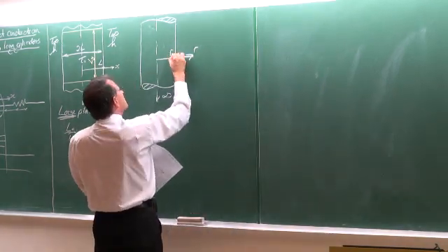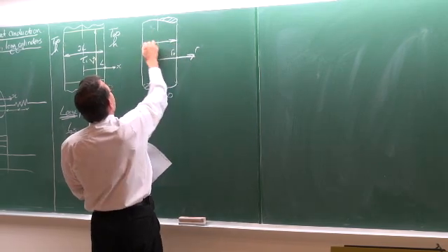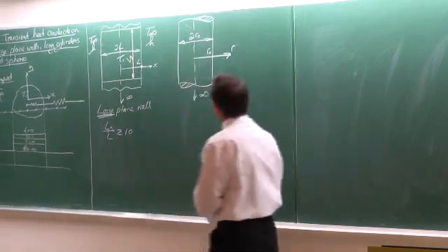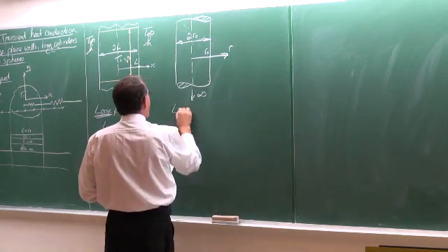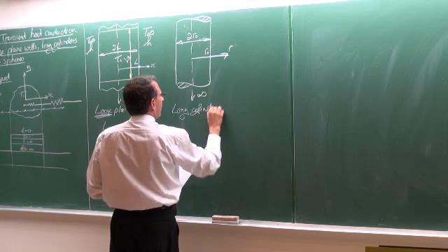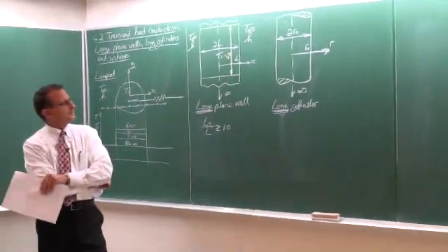And the radius is equal to r0, which means that the diameter is equal to 2 times r0. And this is called the long cylinder.